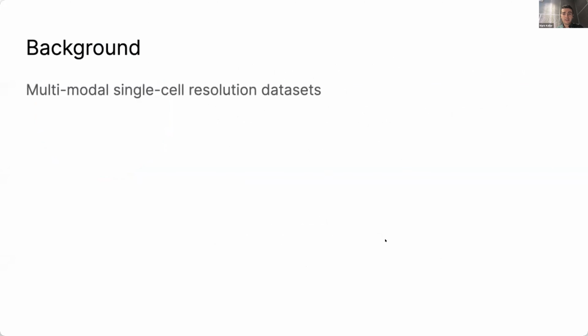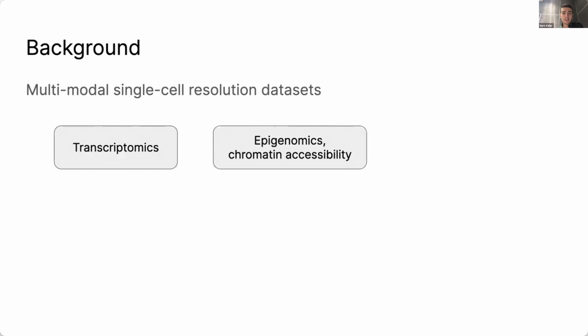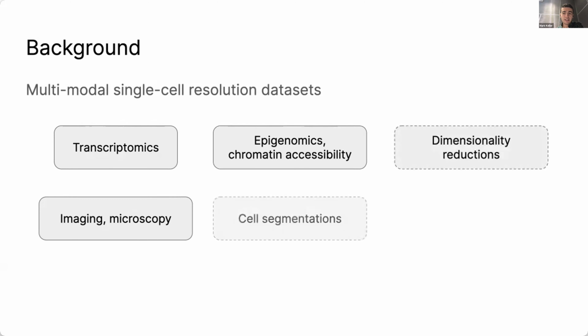For some background, the HuBMAP TMCs are generating data sets at single cell resolution, which span multiple modalities, including transcriptomics, chromatin accessibility, imaging and microscopy data. As this data is submitted, Hive processing pipelines generate derived data sets, which may include dimensionality reductions, cell segmentations, and clusterings or cell type assignments.